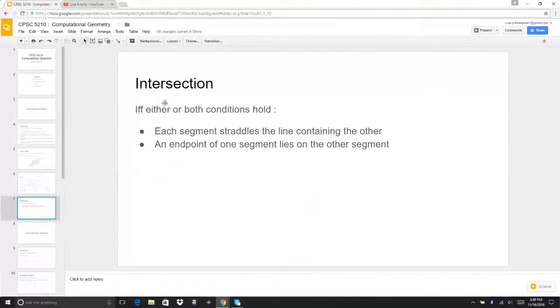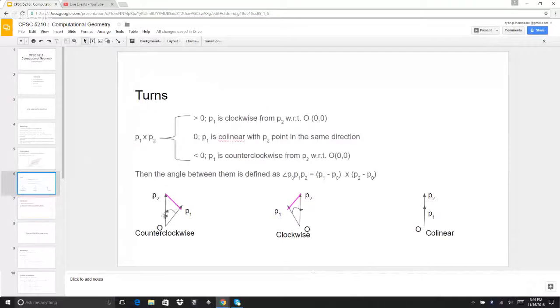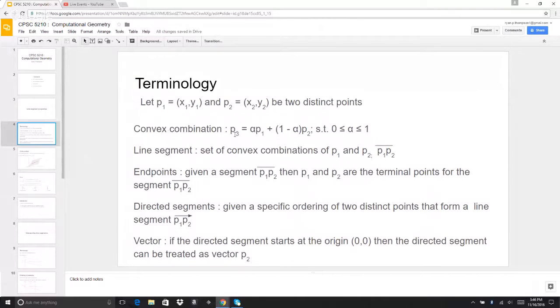So based on this intersection definition, each of these vectors do intersect. So keep in mind this terminology, because all of these definitions are used in later sections to define and speed up a brute force algorithm to a more elegant algorithm.